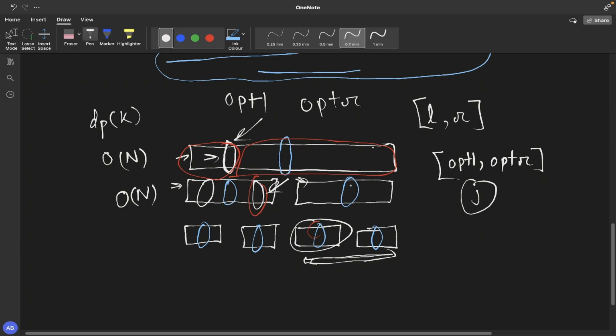Because this place is ahead of this place, the optimal splitting point for this lies ahead of that, and we saw that was here. And then this is between these two. So the optimal splitting point for this has to lie between the optimal splitting point for this and this. And we can see that the segment we cover over here is essentially this.